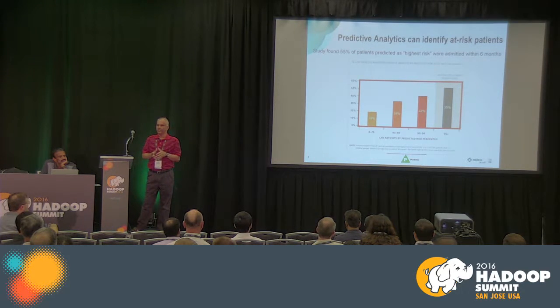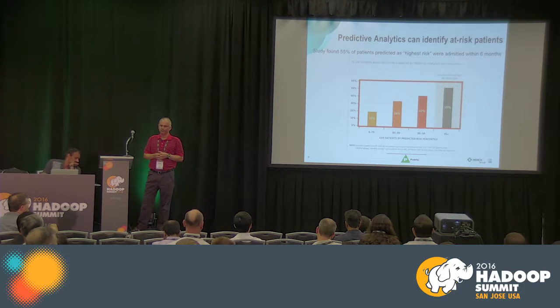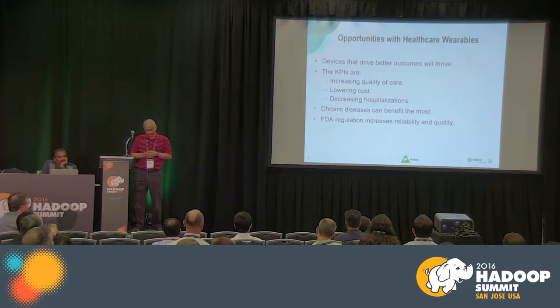This is an indication that if you spend more time analyzing the data, you can get ahead of the curve and get patients to take action on something that might be happening in their lifetime. Next slide.